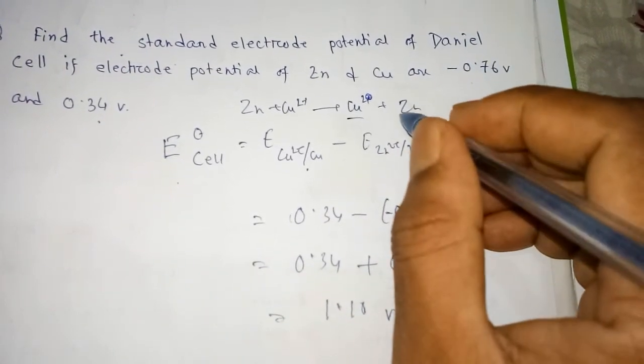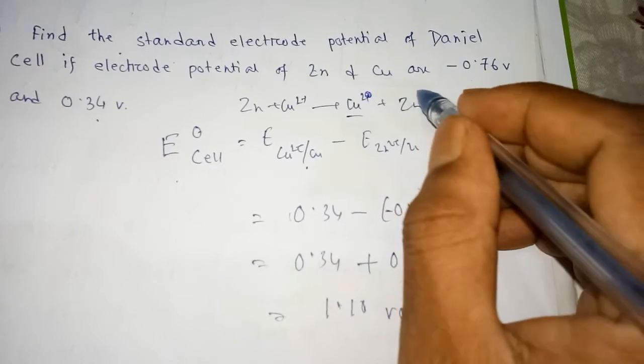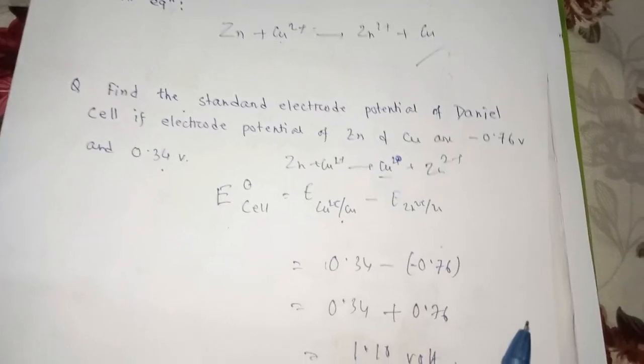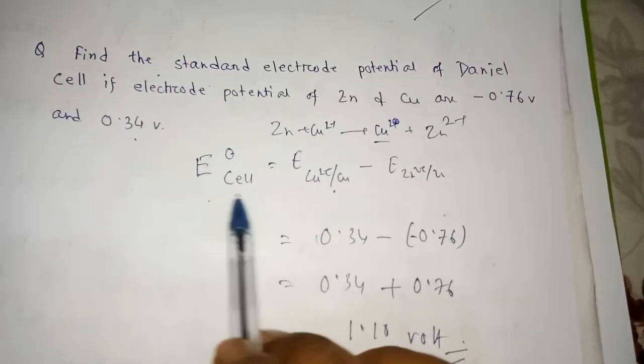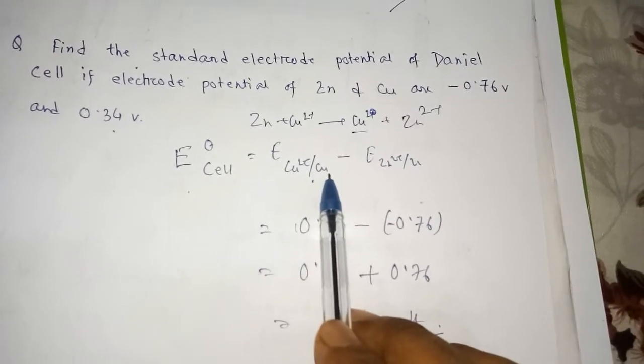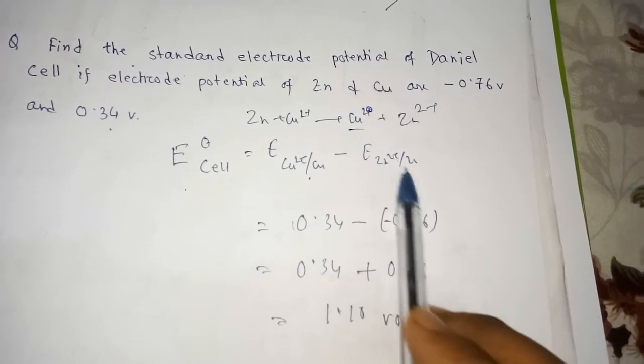So E naught of cell is Cu dipositive oblique Cu minus Zn dipositive oblique Zn.